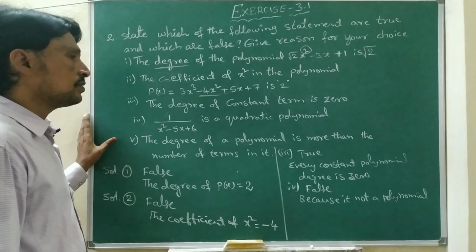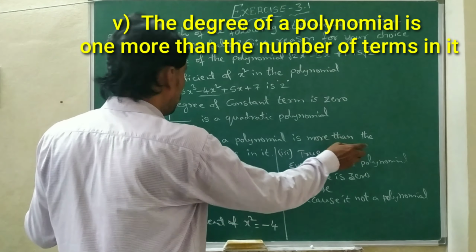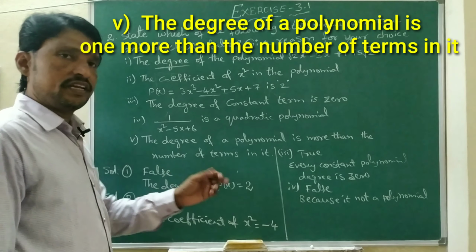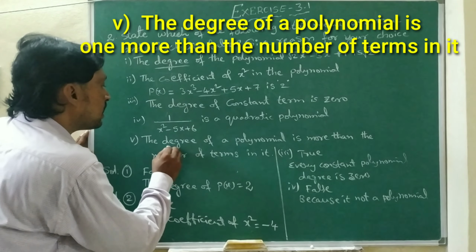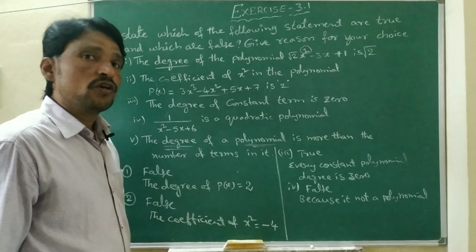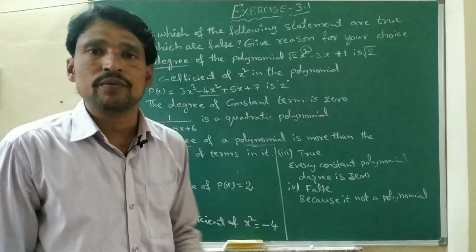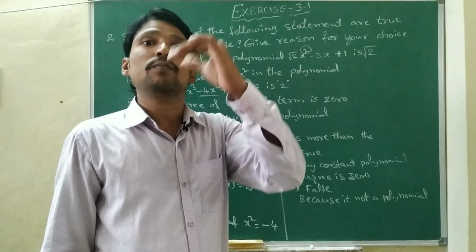Next, fifth one: the degree of the polynomial is more than the number of terms in it. So degree is not depending upon the number of terms. Degree means we need to take the variable's highest power.